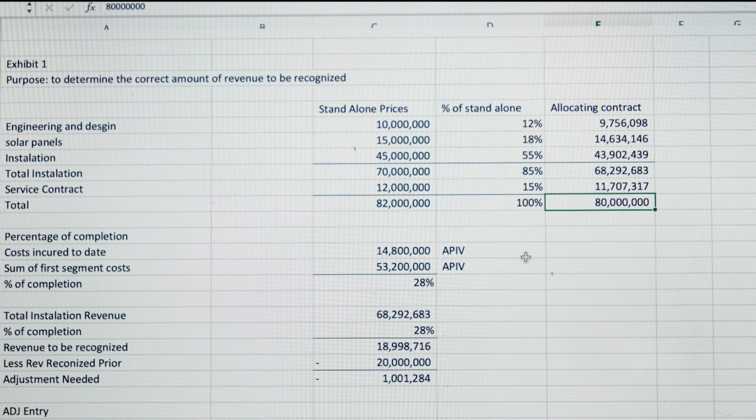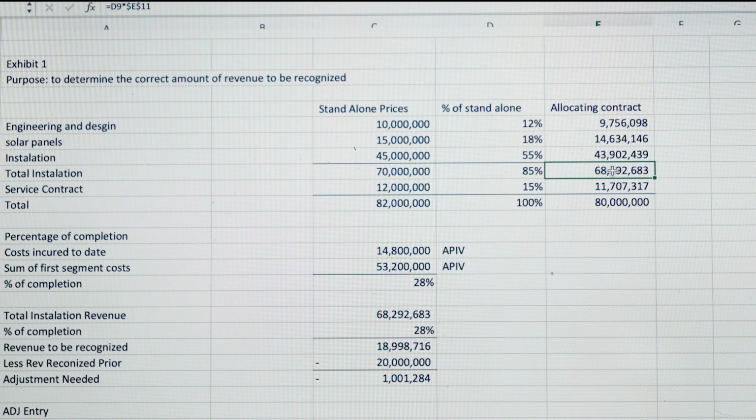The next thing we do is take the cost incurred to date and divide it by the sum of the first segment costs. You're going to get both of those contained within the case. What you get from there is a percentage of completion. For this one, it's 28%. Then the next thing you want to do is take your total installation revenue, which comes from here.